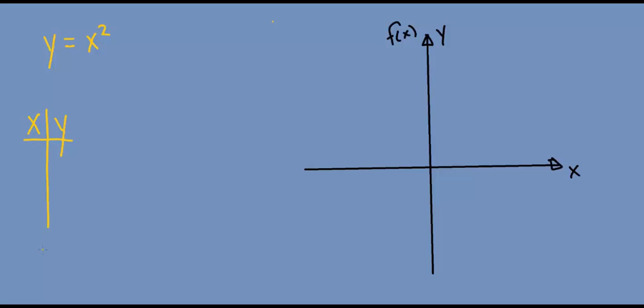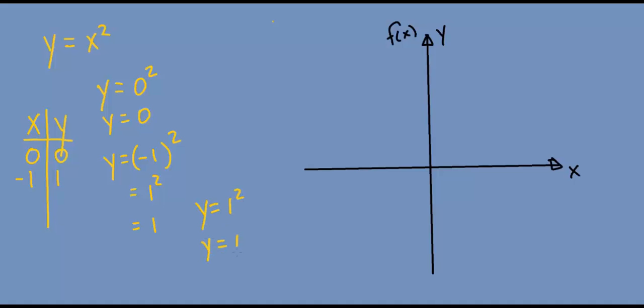Let's stick in a number 0 for x. We get an output of 0 for y. Let's put in -1 for x. We get a 1 for y. Let's put one more point in. We'll put a 1 in for x. We get a 1 for y.